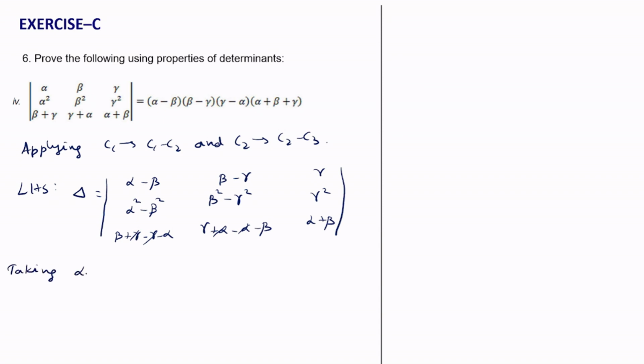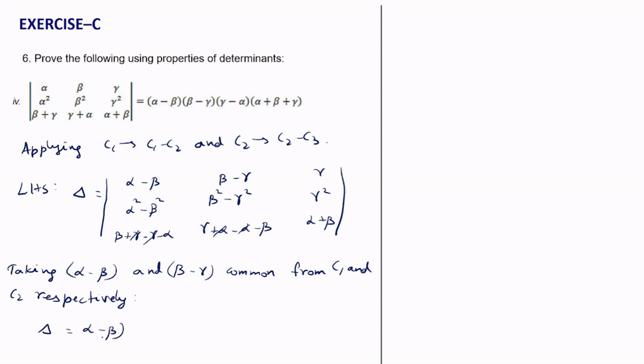Taking alpha minus beta and beta minus gamma common from C1 and C2 respectively, we get delta as alpha minus beta into beta minus gamma into, here we will have 1 and here we will have alpha minus beta into alpha plus beta.